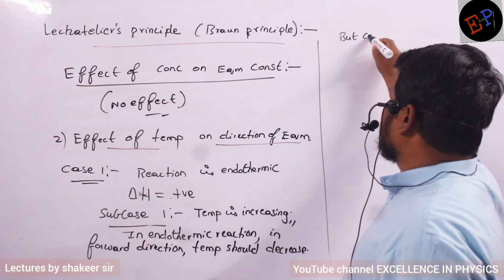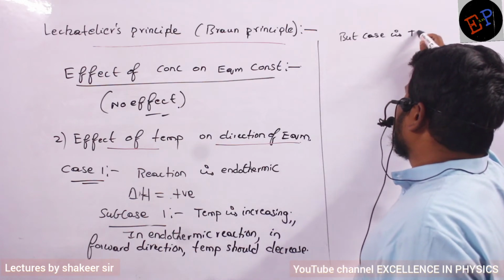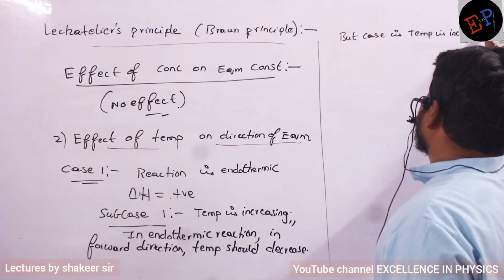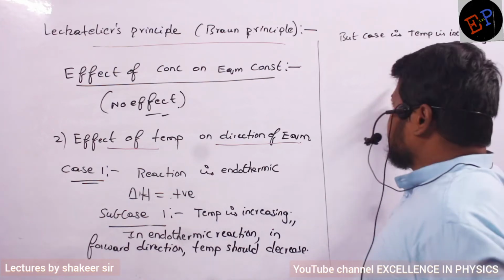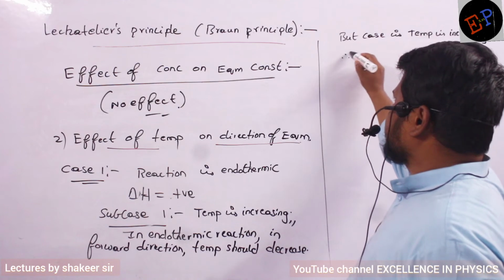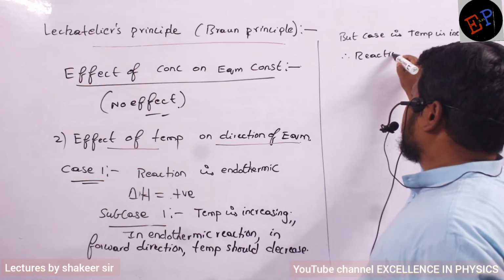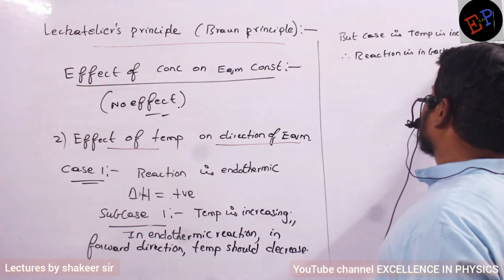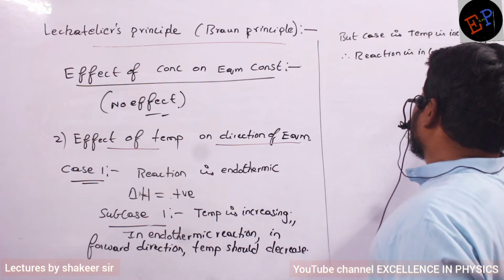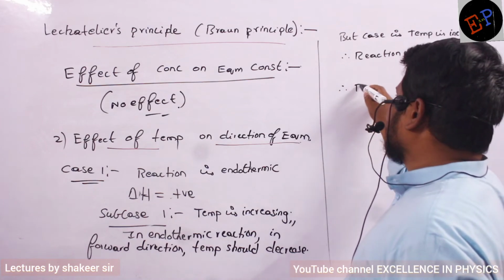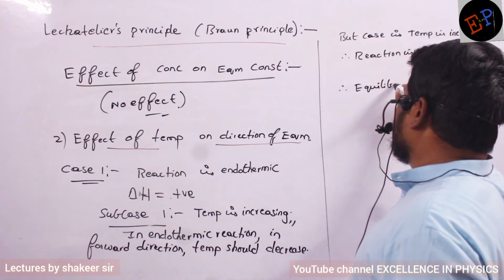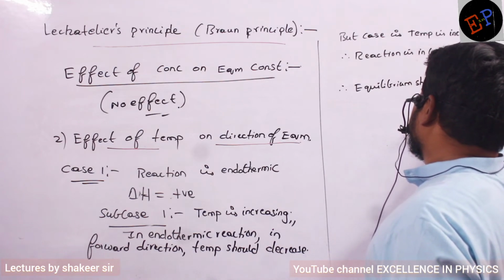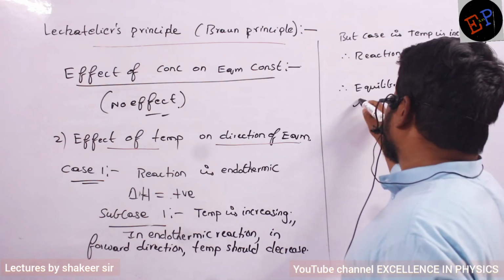The case is temperature is increasing. Understood, no? Temperature is increasing means the reaction is in which direction? Therefore, the reaction is in backward direction. Therefore, equilibrium should shift in? Therefore, equilibrium should shift in forward direction.